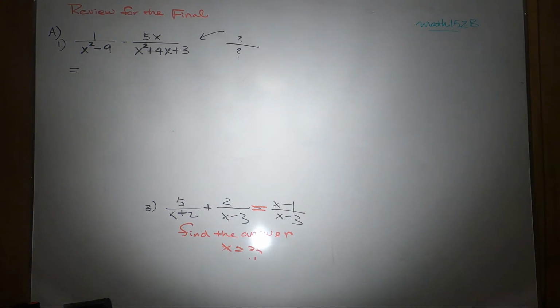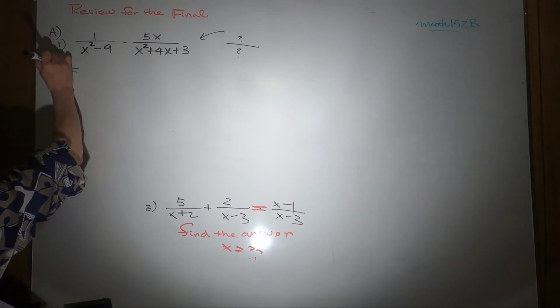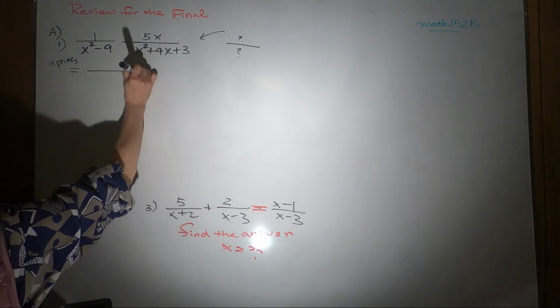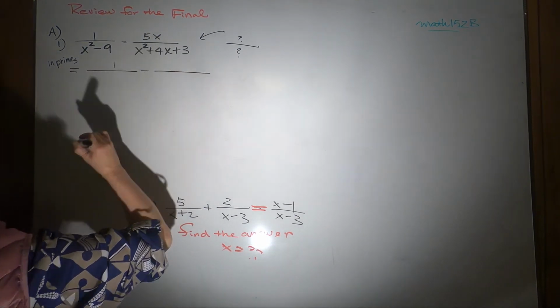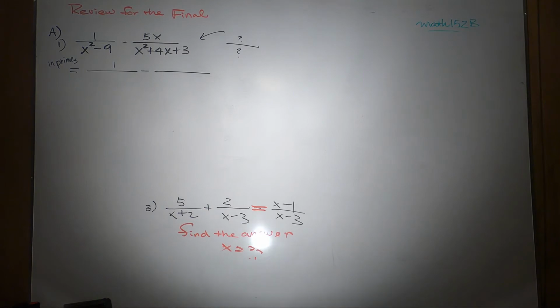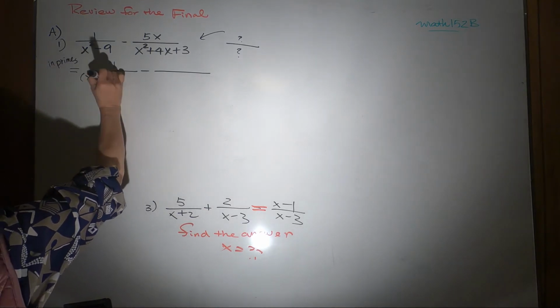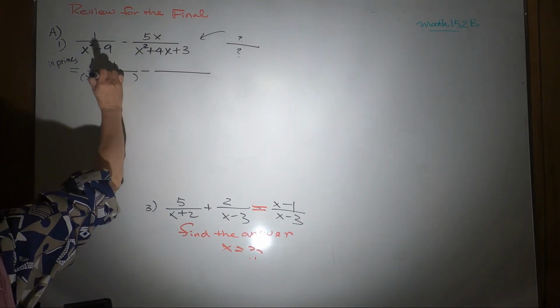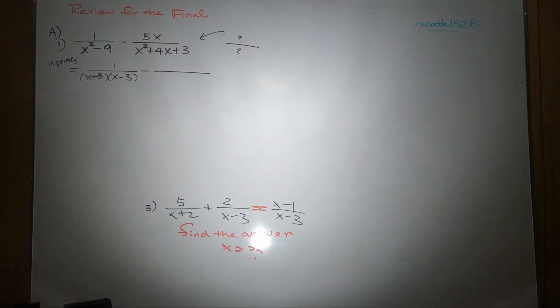Then we need the LCD. Before we can do the LCD, we need to have the prime form, right? So you need to know how to factor. This is a binomial. Can we break it down? Because it is the difference of two squares, that would be x plus 3, x minus 3.